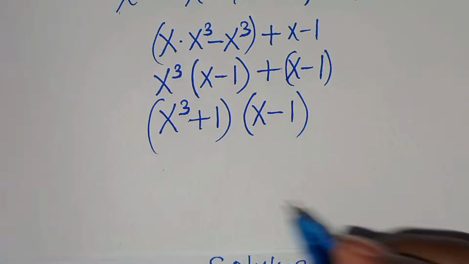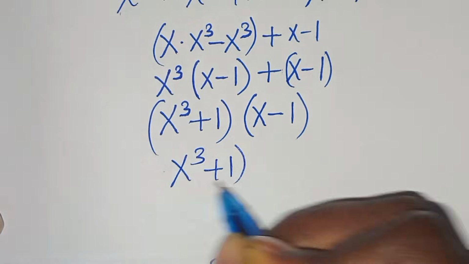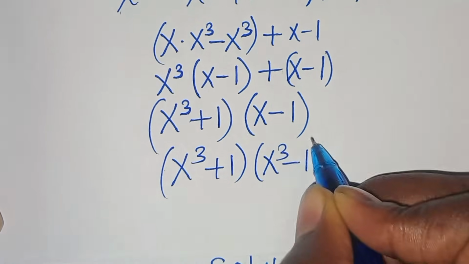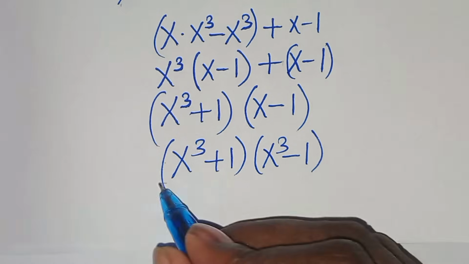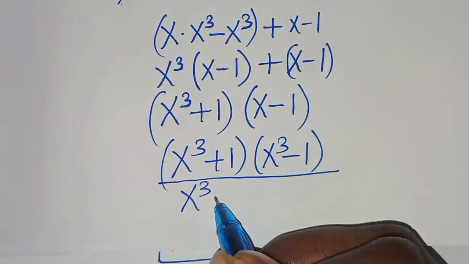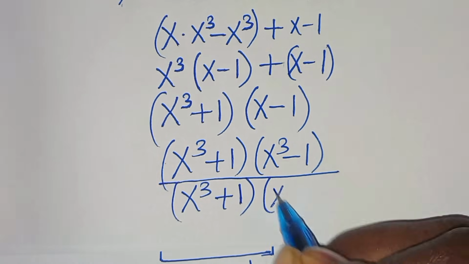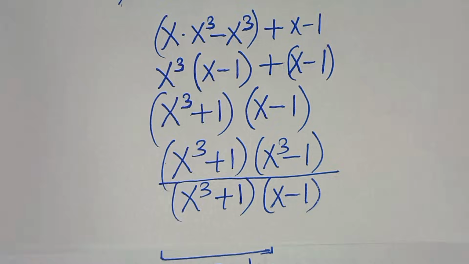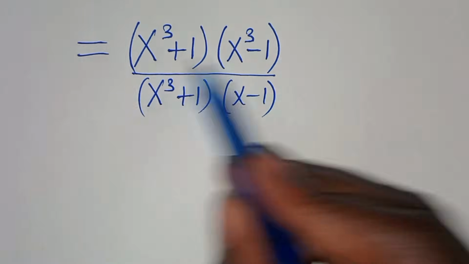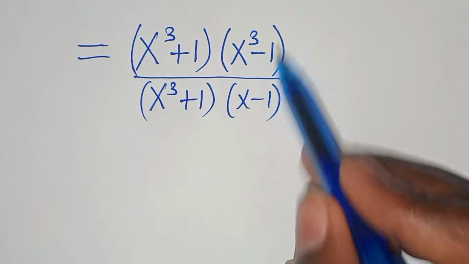Now, in the numerator, we have x to the power of 3 plus 1 multiplied by x to the power of 3 subtract 1, then divided by, here we have x to the power of 3 plus 1 multiplied by x minus 1.